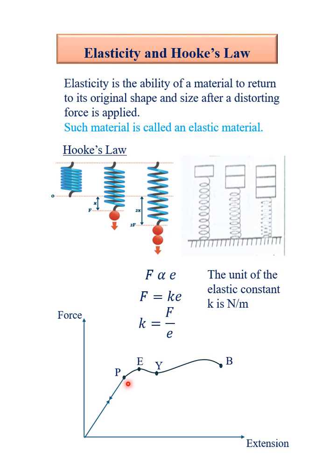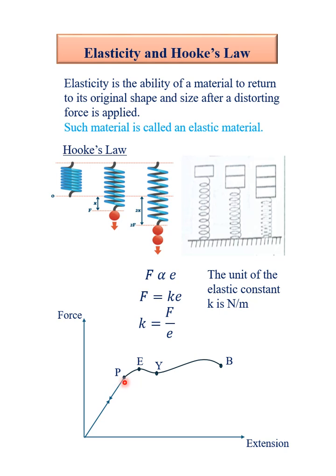It is the limit where Hooke's law is obeyed, where this proportionality equation is obeyed. It means that between the origin and point P, this equation is valid. Beyond point P, the equation is no longer valid because you have gone beyond the proportionality limit.